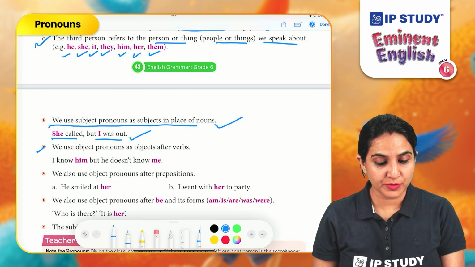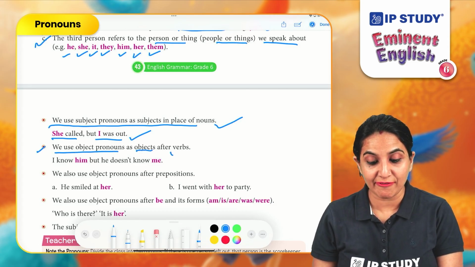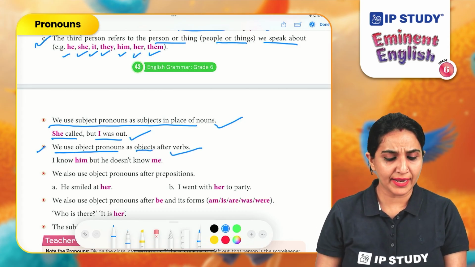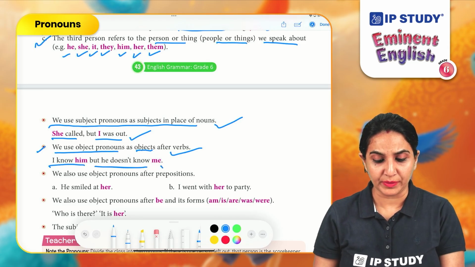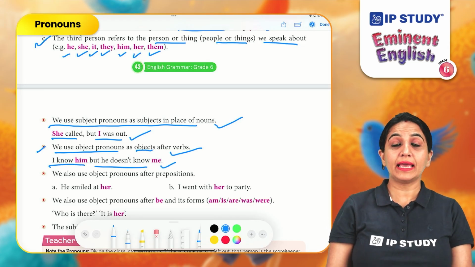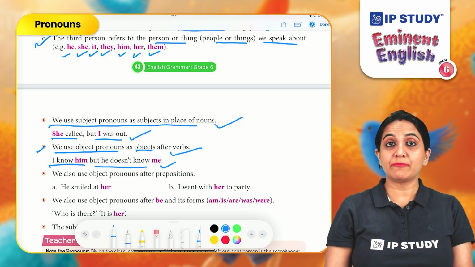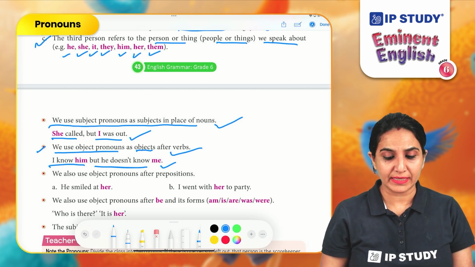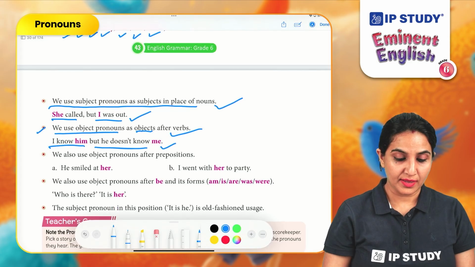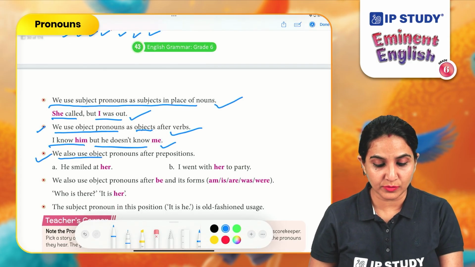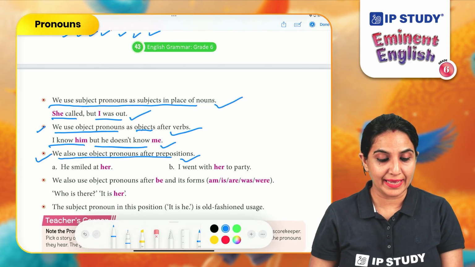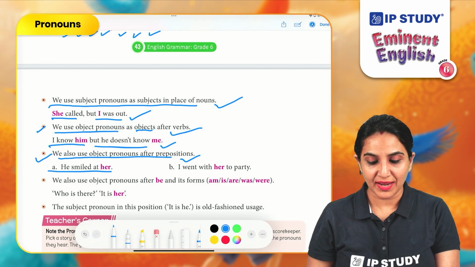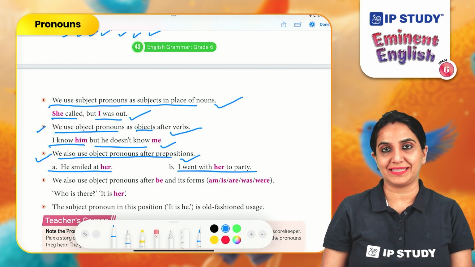We use object pronouns as objects after verbs, like I know him, but he doesn't know me. In this sentence, him and me, both pronouns have been used as objects after verbs. We also use object pronouns after prepositions, like he smiled at her, I went with her to the party.